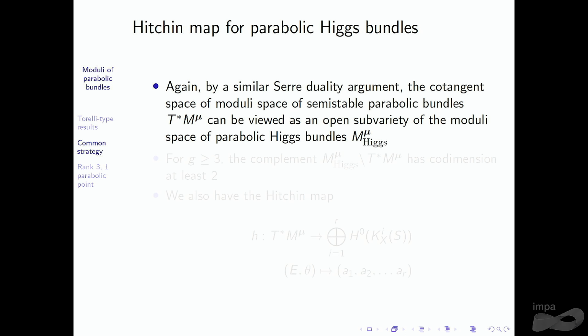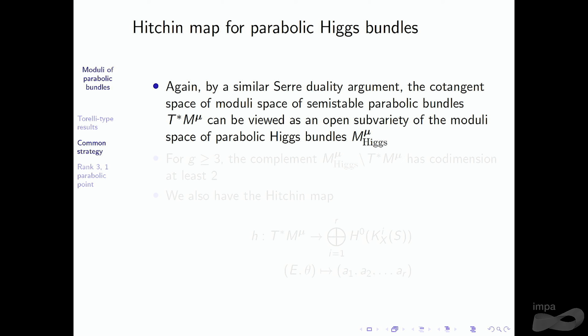You can again do the same argument that I had before with Serre duality to show that this is not too artificial, and that I can think of the cotangent space of the moduli space of parabolic bundles as an open subvariety in the moduli space of parabolic Higgs bundles.